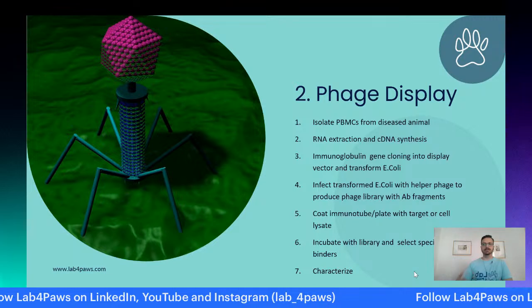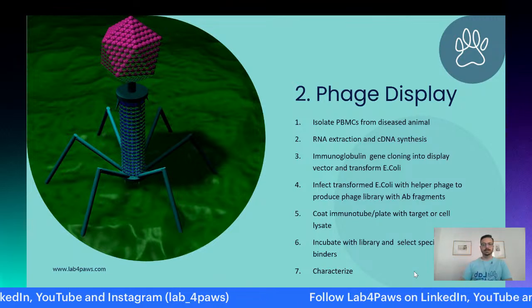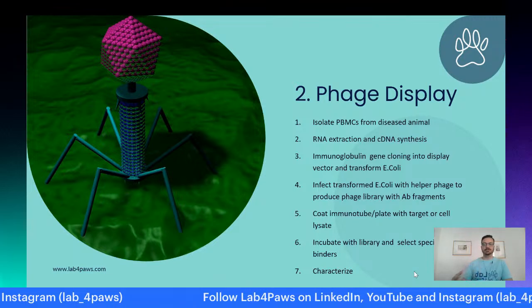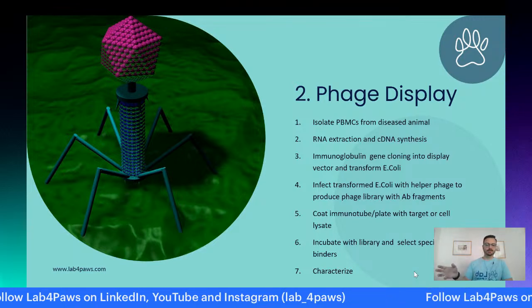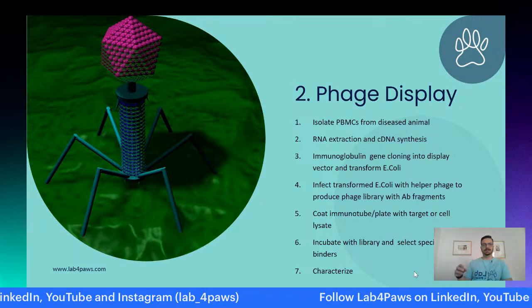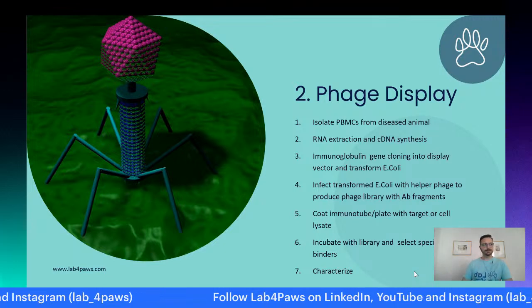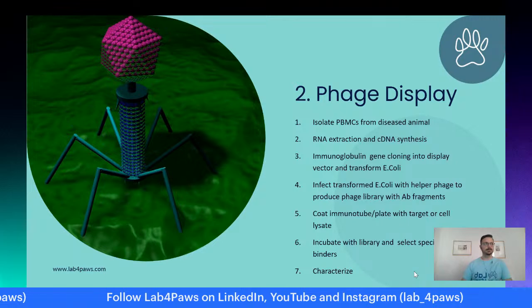I would coat the plate and then incubate the phages on top of this. Then I can wash this, and I know that the more specific ones will remain attached, and then I can characterize them and continue the cycle.